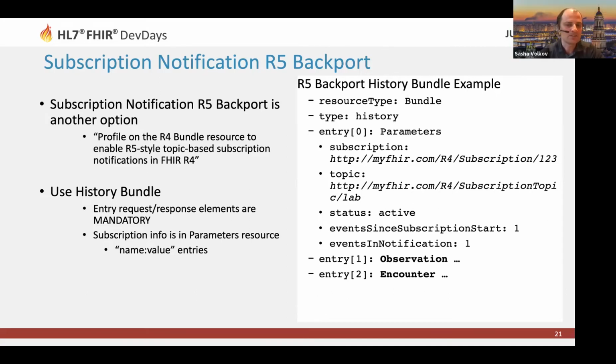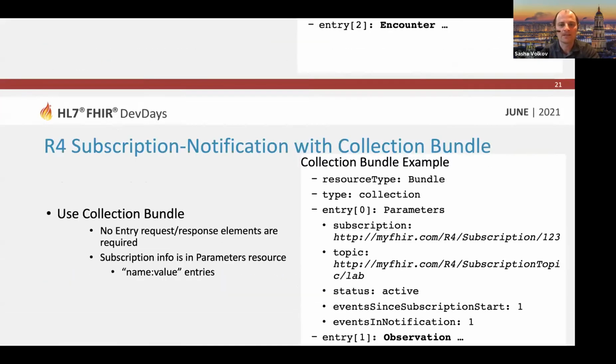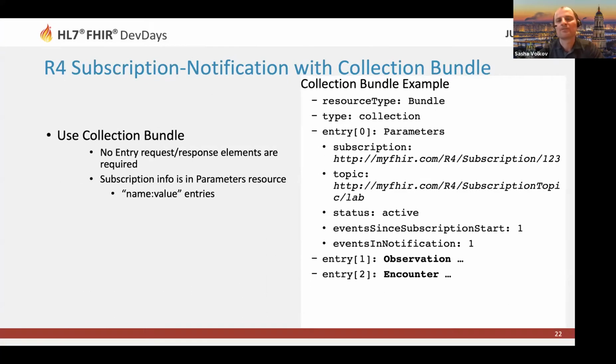Yeah, it looks a lot better to me, Maidul. So I like that we use the parameters resource rather than the meta extension. I'm just wondering if we can take this and simplify it a little bit for our customers, and instead of the history type bundle, use a collection.